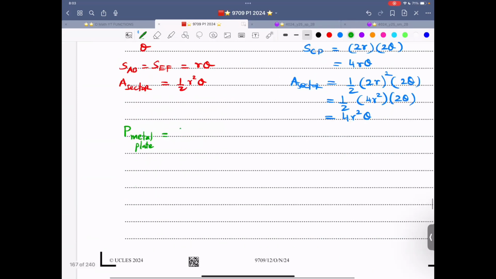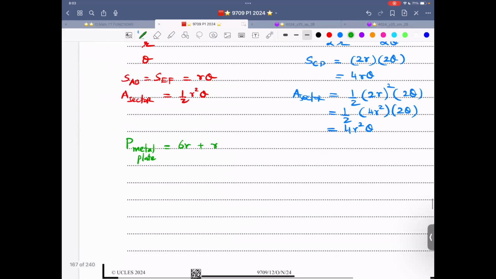So this is 6R plus R theta plus R theta plus 4R theta. The 4R theta is the blue one, these two are the red ones, and then all the lengths are added together. So this is 6R plus 6R theta.